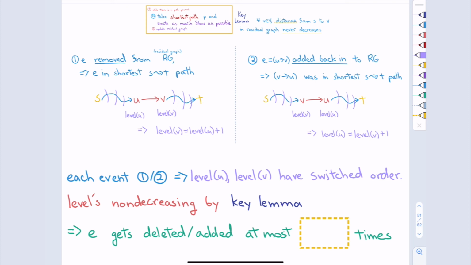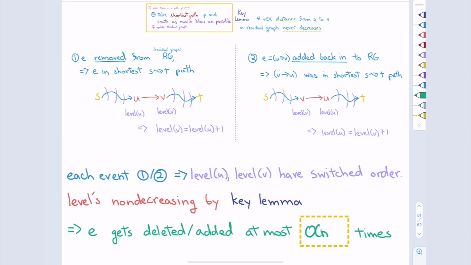Okay? So that tells me that a particular edge can only get added and deleted at most n times or something, because I can charge it to the distance labels going up of the endpoints.